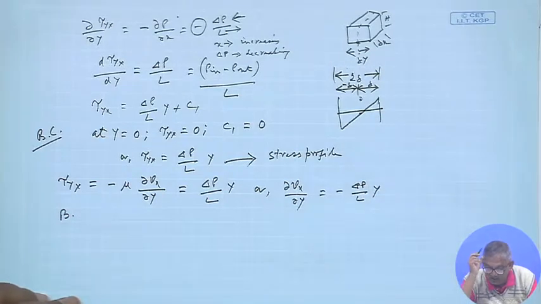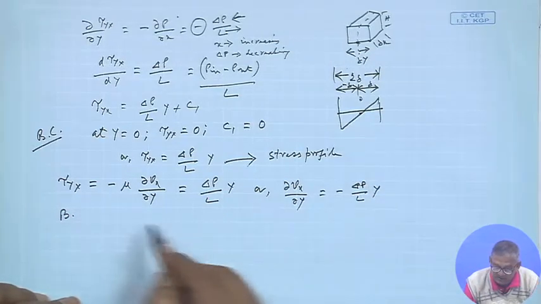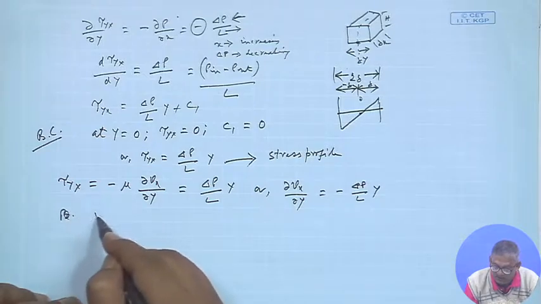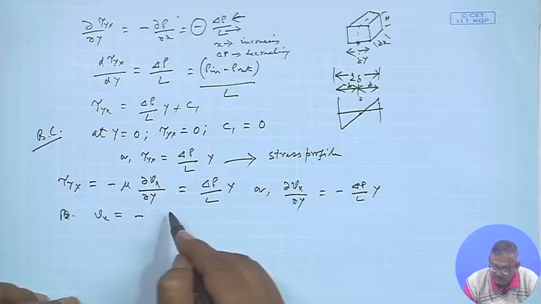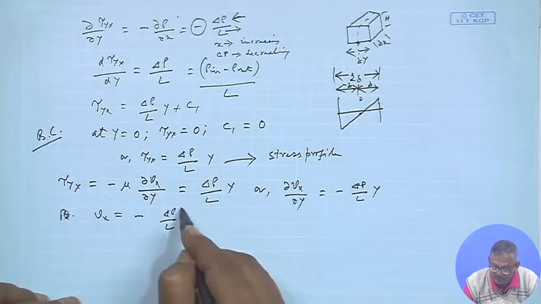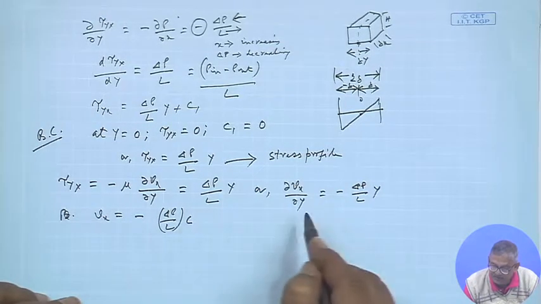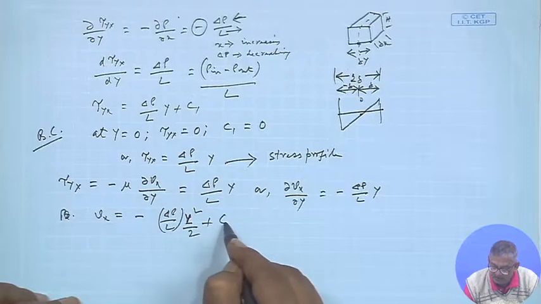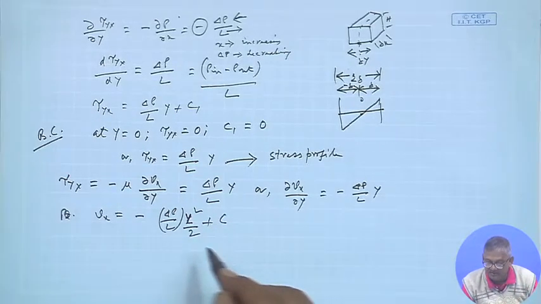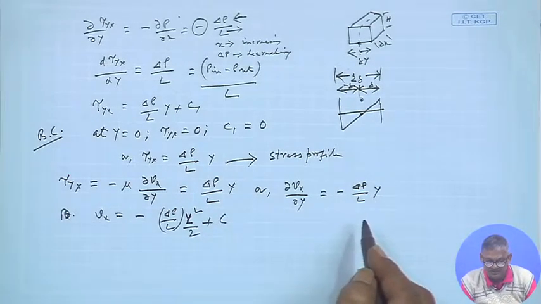On integration we can write that v x is equal to minus delta p over L into y square by 2 plus c.